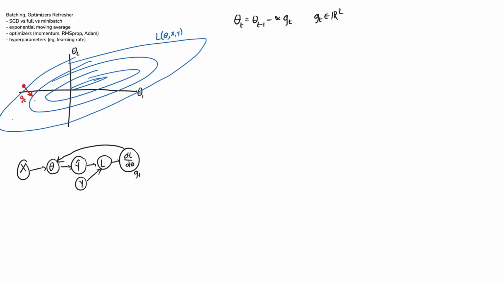Basically it points downhill, down the steepest part of the loss surface at this point, specifically locally at this point only. g_t is the direction of the steepest descent. You can actually say it's negative g_t.